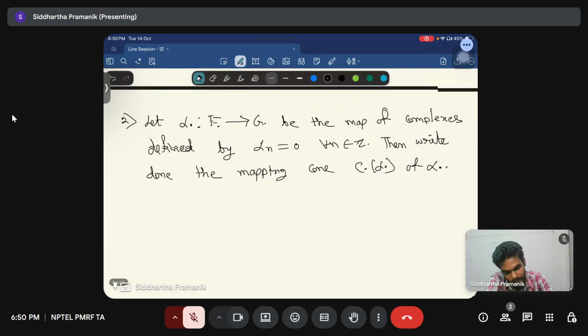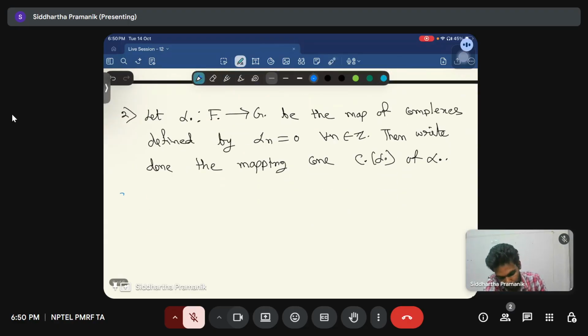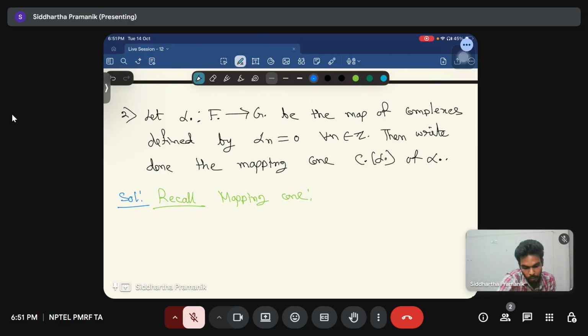Okay, so let's recall what we mean by mapping cone. Then we will come to the solution. So for a mapping cone, we first need a map between complexes. So here you have a complex F: F n plus 1 to F n to F n minus 1 and so on.